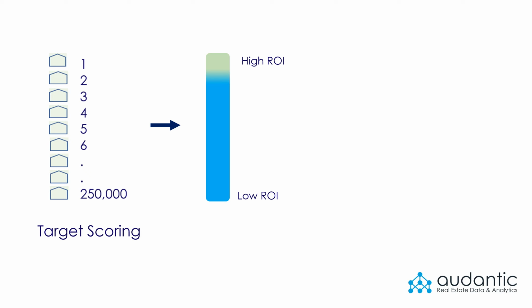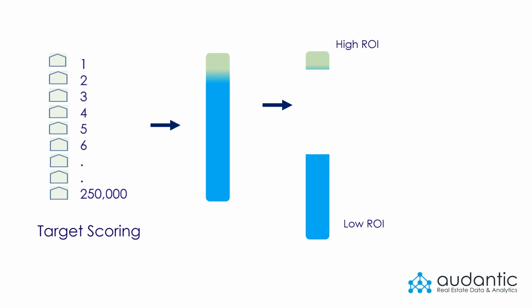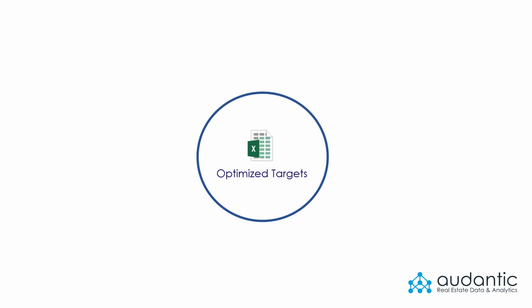Pareto, right? At work. So we take that and we split it. We break out the high ROI stuff and throw away the waste so that we can reallocate that spend somewhere else, maybe on going back to the people that are the highest ROI. That's how that works. So it gives us optimized targets.